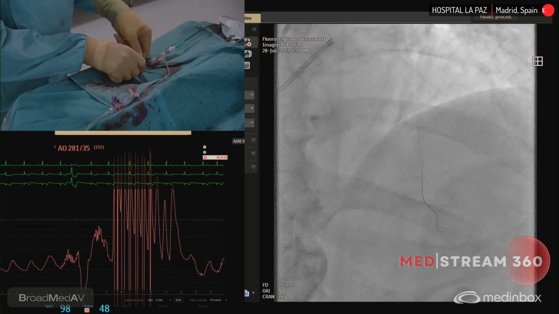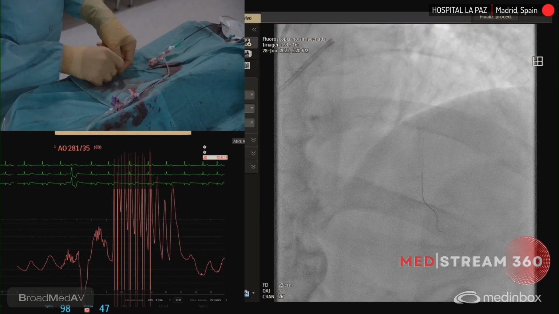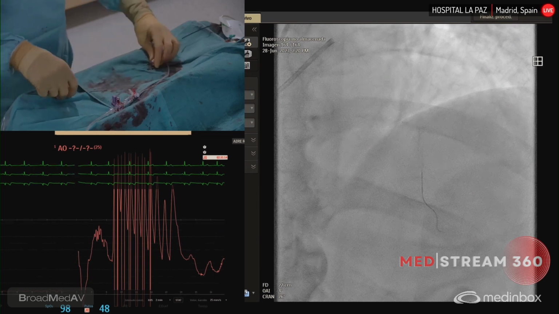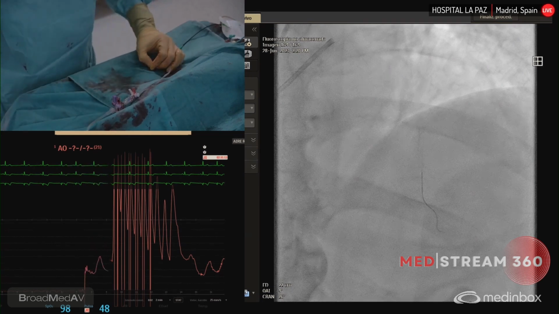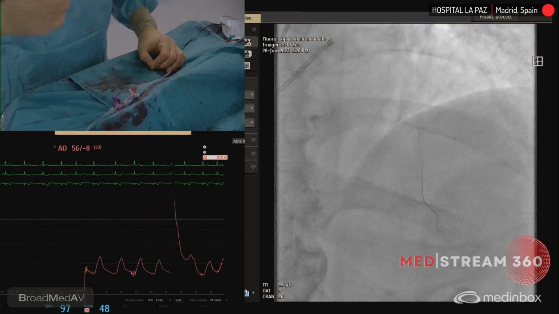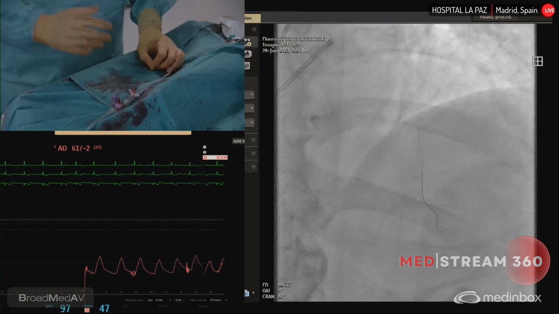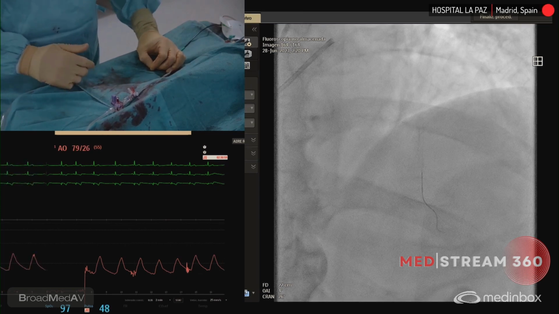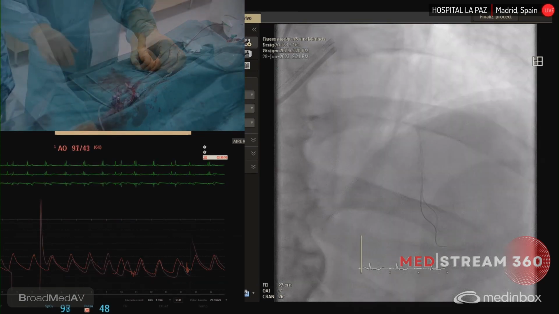When you do FFR or iFR or RFR after a stent, you always feel you have done something bad because the result is not one, never. And there are some trials explaining that if you optimize with post-dilatation and these things, probably you improve a little bit the measurement. But I feel more comfortable analyzing with imaging after the stent than with functional tests.